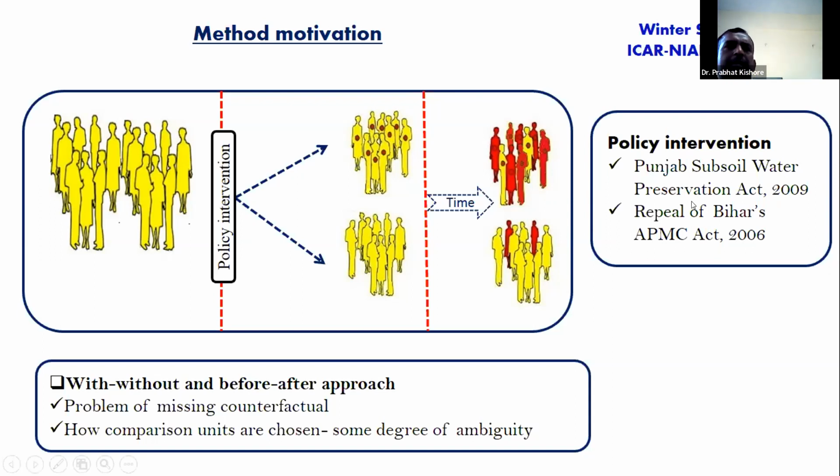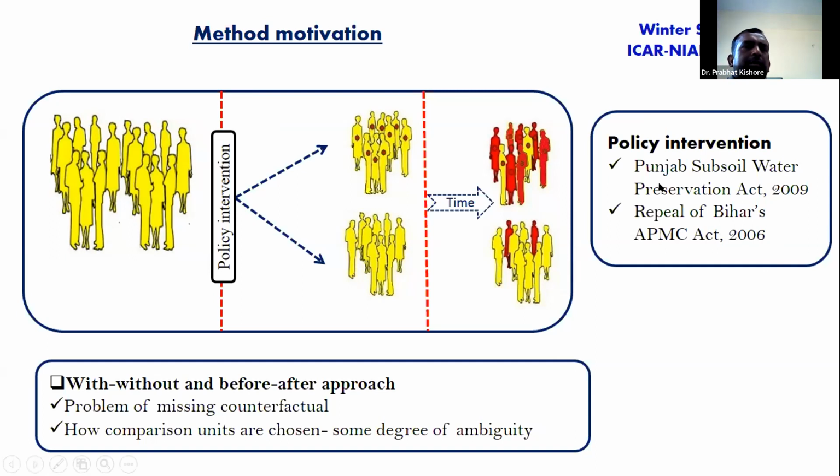Similarly, one of the acts, the repeal of the Bihar APMC Act in 2006. The Bihar government repealed the existing APMC Act, which was brought up in 1960, with the intention that it will open up the market and a lot of private investment will come into the mandis.